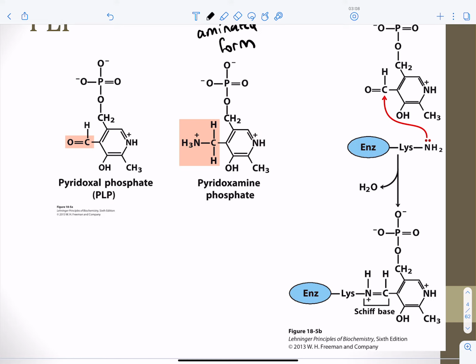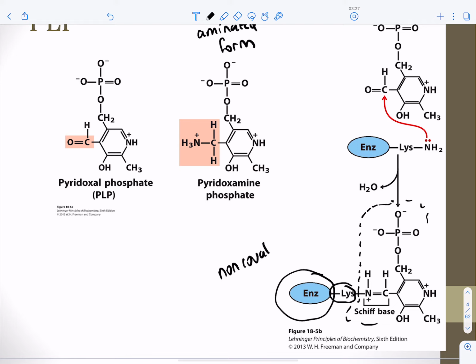Here's your pyridoxal phosphate shown here, and it's bound to your enzyme via a lysine residue in the enzyme's active site. This is a non-covalent interaction of PLP with the lysine residue.